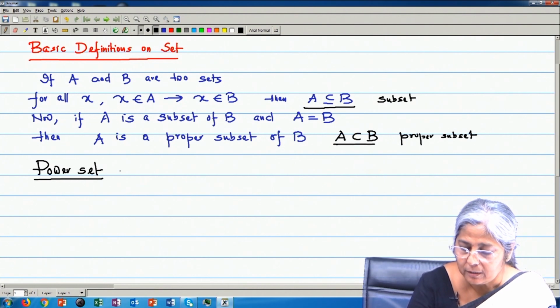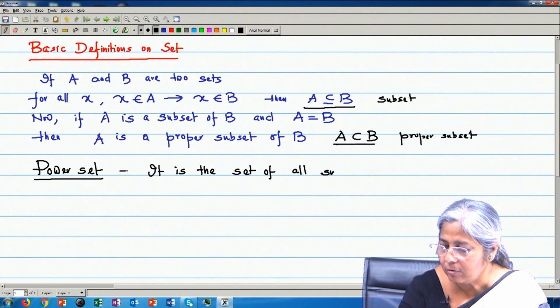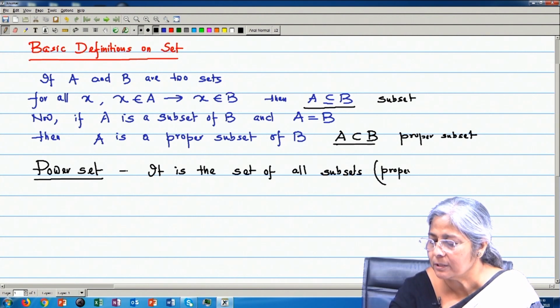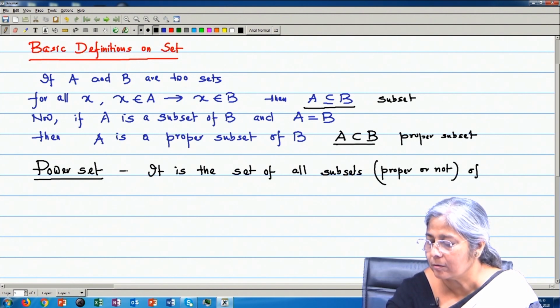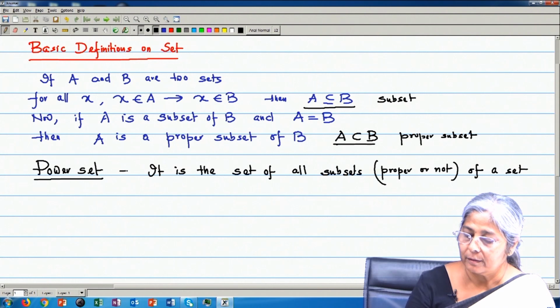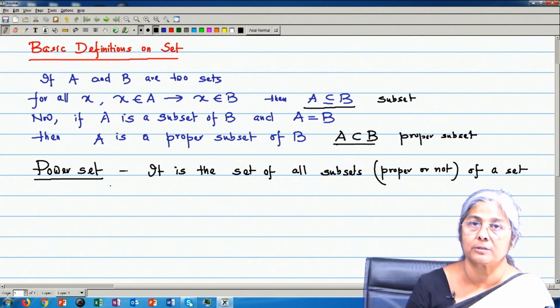It is the set of all subsets, proper or not, of a set. So, this is called the power set: the set of all subsets of a set.